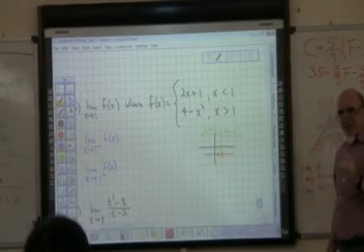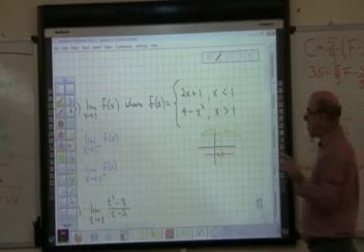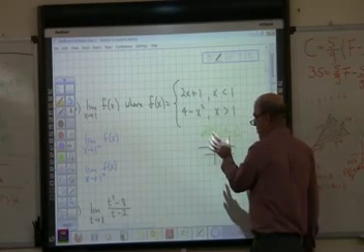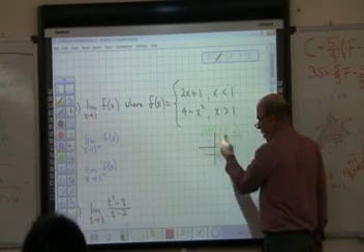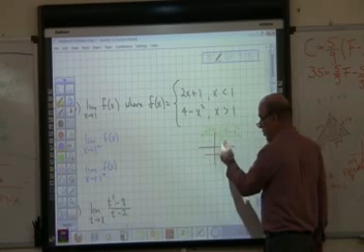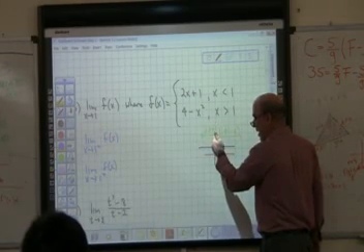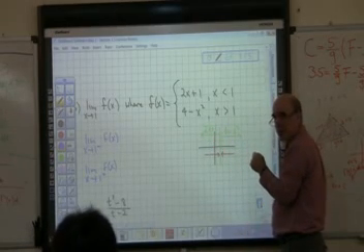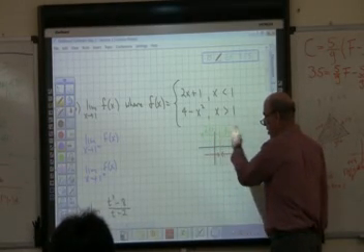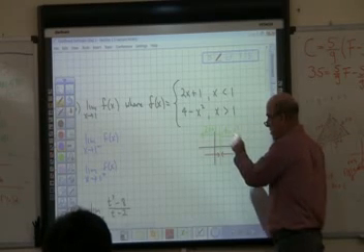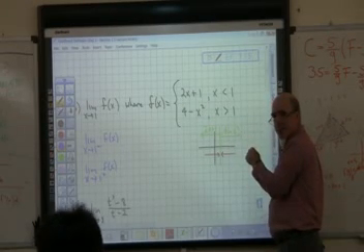When I look at this function, I'm trying to draw this here. Here's 1. Suppose this is x is equal to 1. When I'm over here, the function I'm using to define me is 2x plus 1. And when I'm over here, the function I'm using to define me is 4 minus x squared.